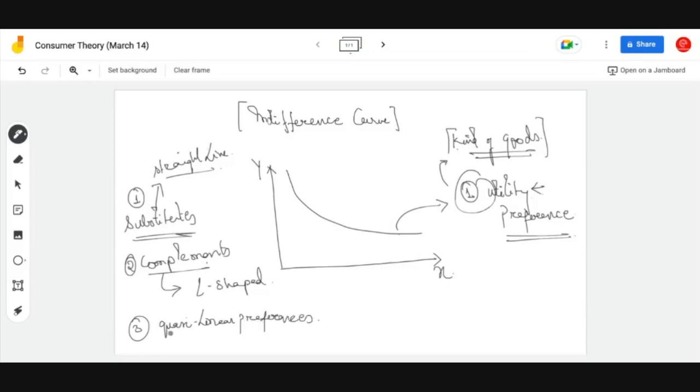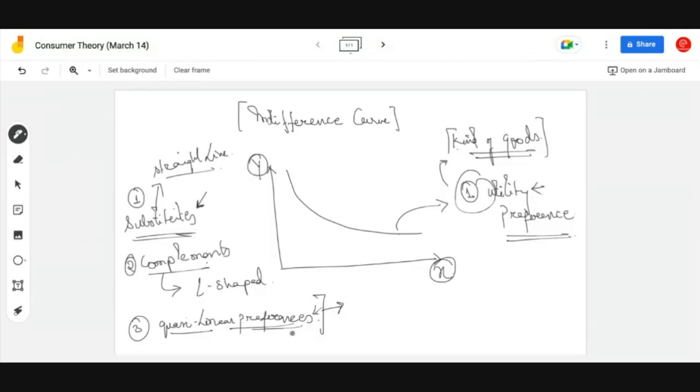So what is the essential feature of quasi-linear preferences as compared to perfect substitutes? Anyone? See, in the real world, we don't want to consume two extremes. We want to consume a combination of both goods X and Y, right?